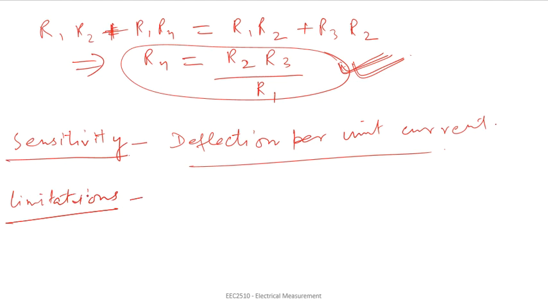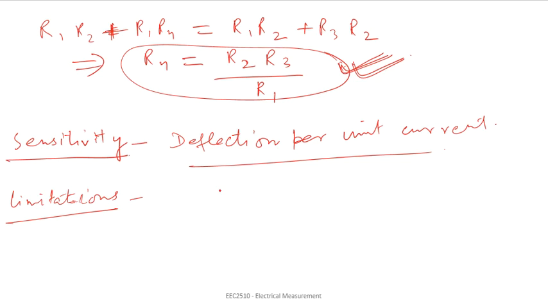Now what are the limitations? The limitations of the Wheatstone bridge come when we talk about low resistance measurement, which means the magnitude of the resistance is usually less than 1 ohm. In that case the resistance of the leads and contacts becomes significant, and that introduces error in the measurement.